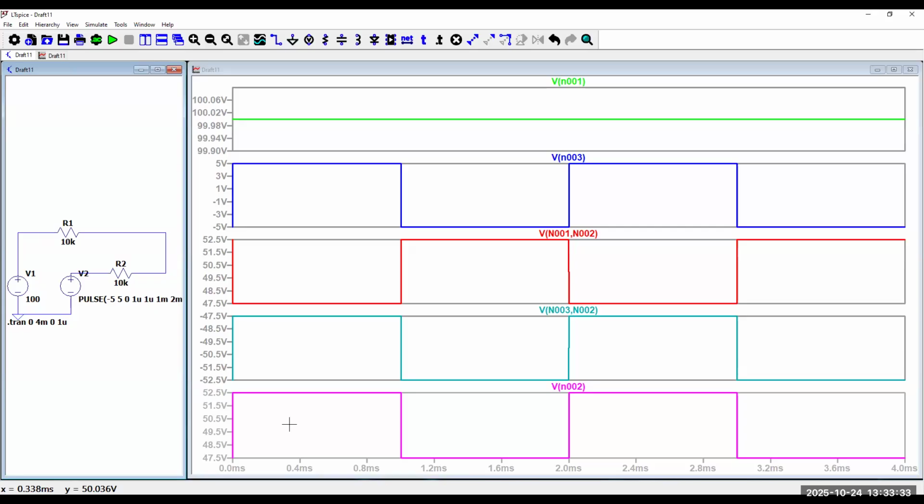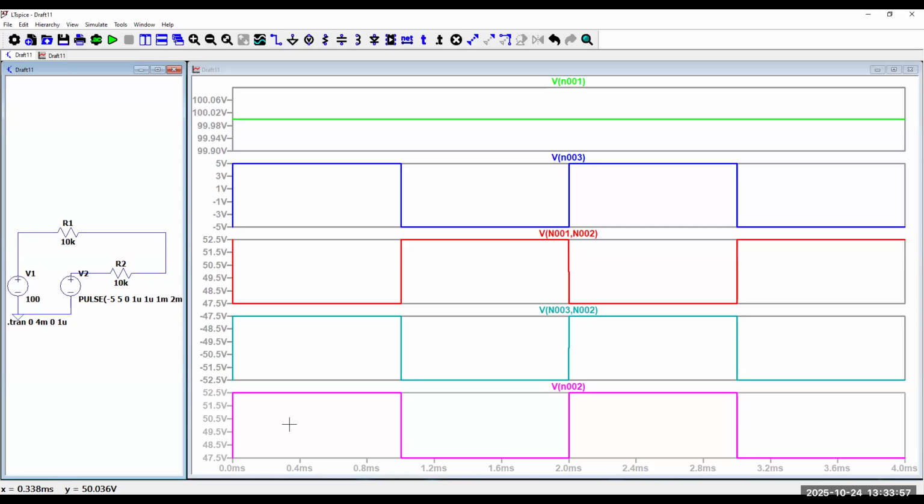Any questions? Okay. For the lab, do you have to perform LT-SPICE simulations? None whatsoever. So it's only from the class that you have this introduction.